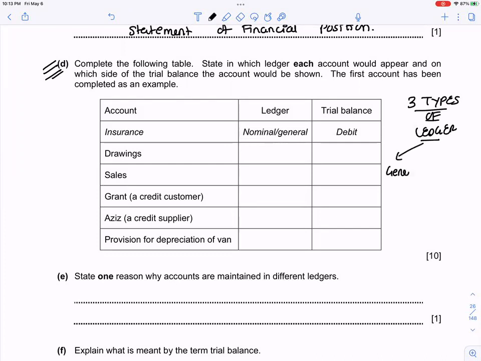You made your notes. We have one general ledger. What is the other ledger that you know? Purchase ledger and sales ledger, I think. Yeah. Purchase ledger and sales ledger.